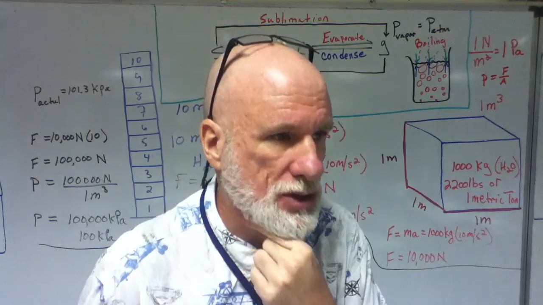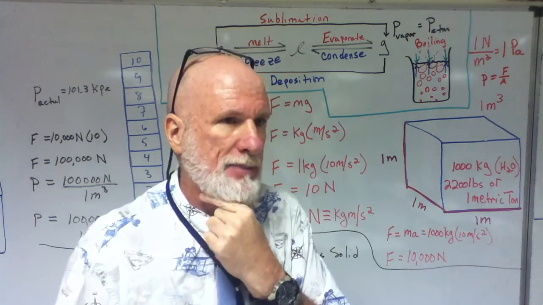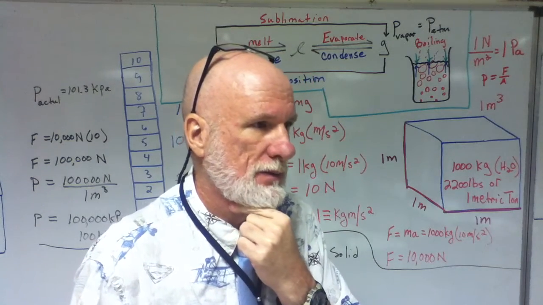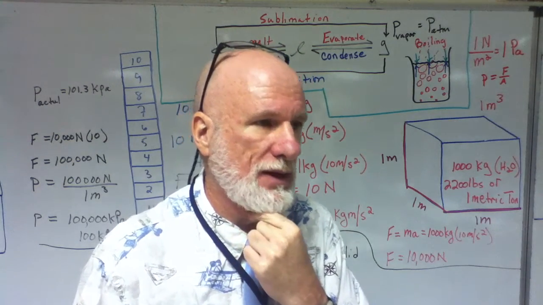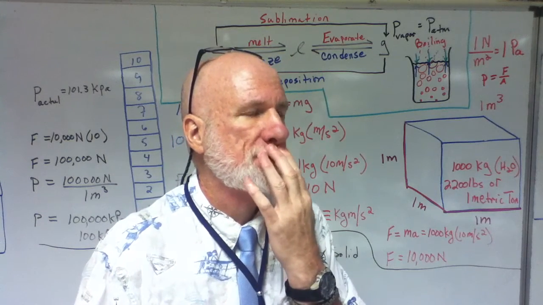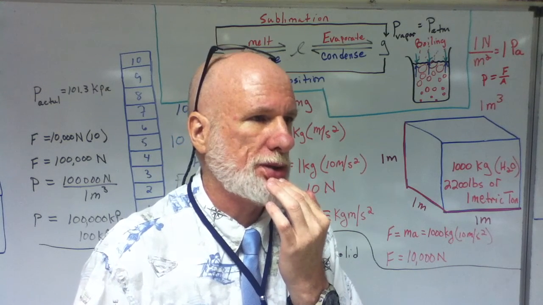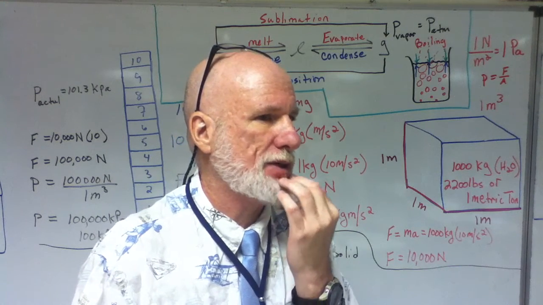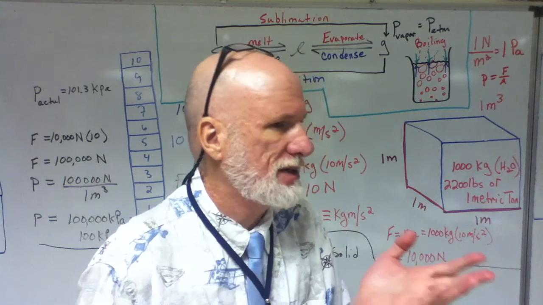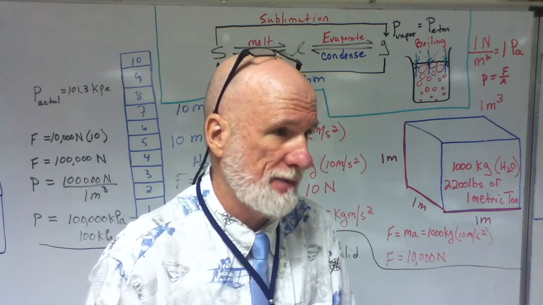The density of mercury is 13.6, correct? And an atmosphere is 76 centimeters of mercury, correct? One atmosphere of mercury is 0.76 meters, which is 76 centimeters, which is 760 millimeters. Same thing, right?